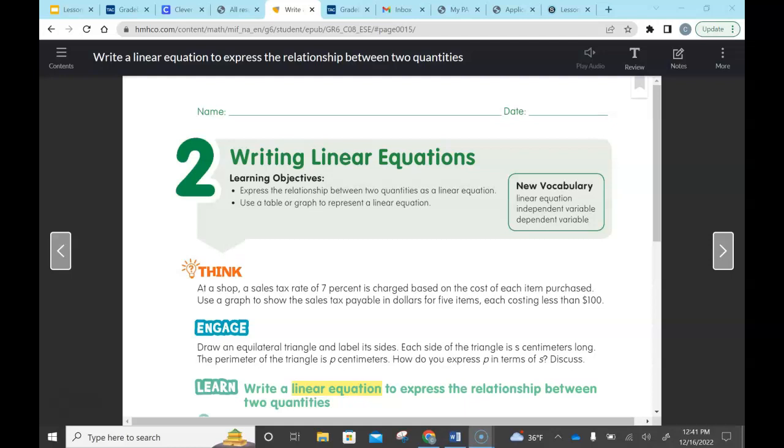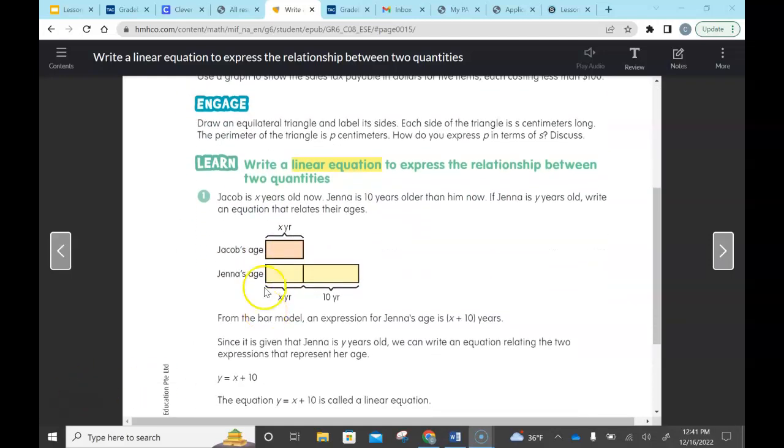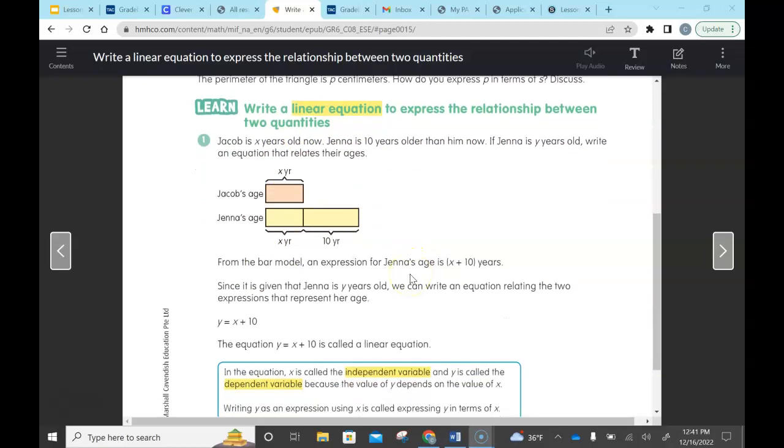All right, now let's take a look at some examples of this. Writing a linear equation to express the relationship between two quantities. For page 67, it says Jacob is x years old now. Jenna is 10 years older than him now. If Jenna is y years old, write an equation that relates their ages.